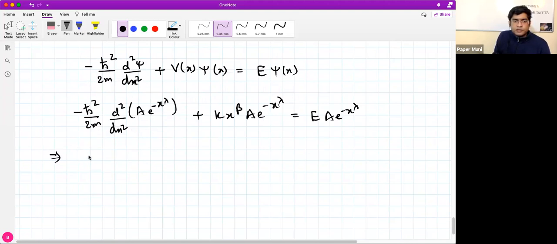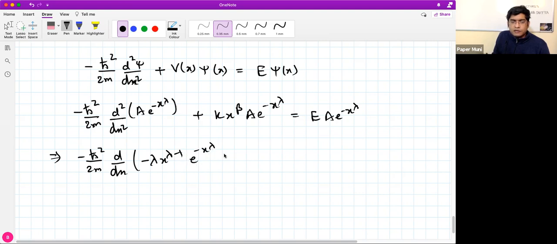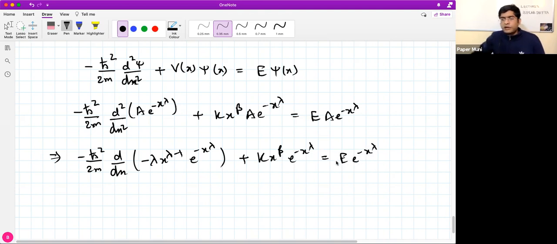If you take the first derivative, what do you get? Let's remove A from all sides, since it's a constant quantity. What we are left with, if you take the derivative once, is minus λ x^(λ-1) e^(-x^λ), plus k x^β e^(-x^λ) equal to E e^(-x^λ).